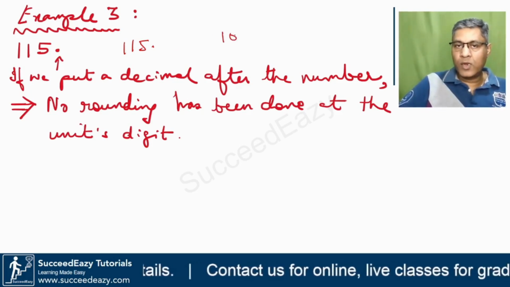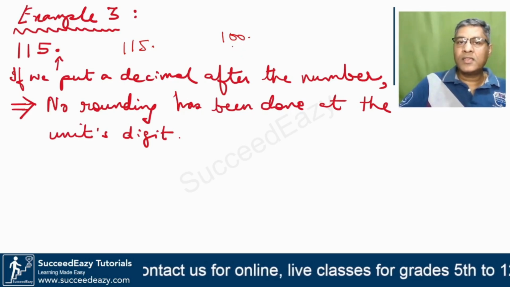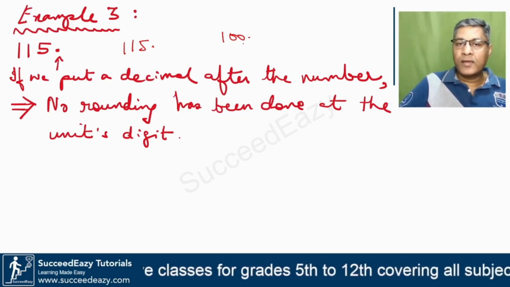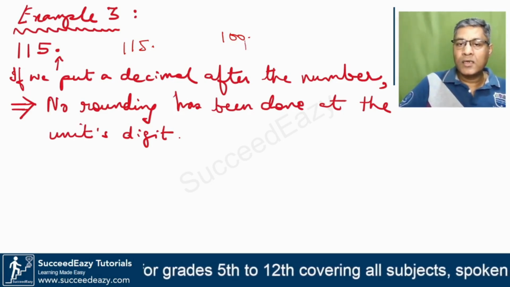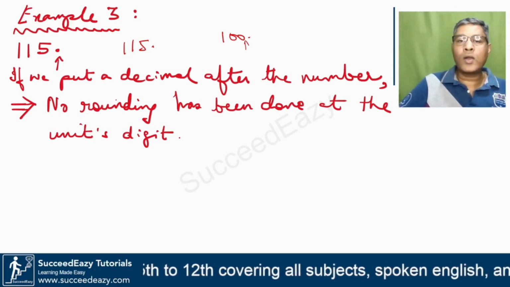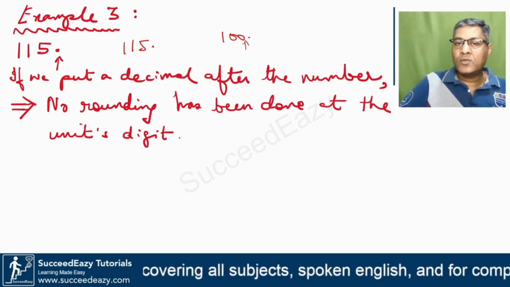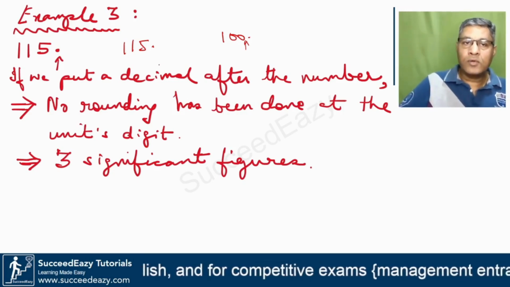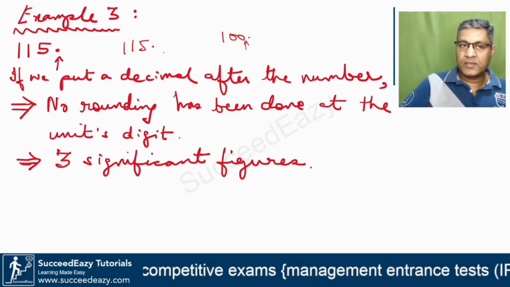Even if it were 100 and I put a decimal, that would mean that no rounding has been done at the units place. So this essentially means that this number has 3 significant digits, right?